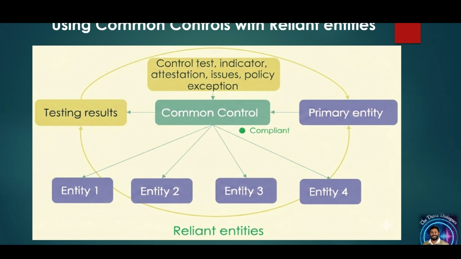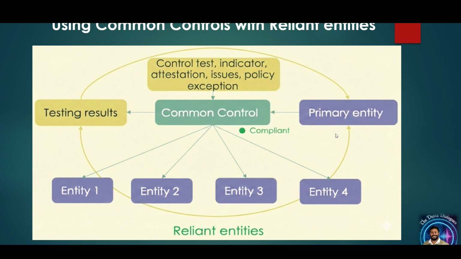And I need to apply this control for all of these, right? So instead of just IT, I also need this control to be applied for finance, sales, and HR. So instead of duplicating this work, let's consider the primary entity as IT. We will assign IT as the primary entity.